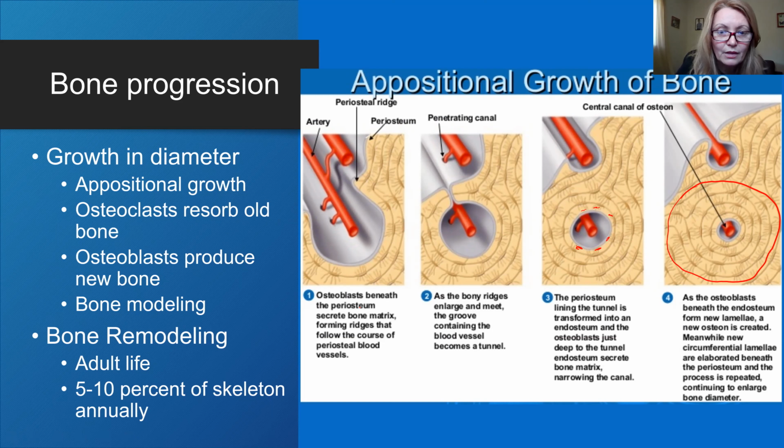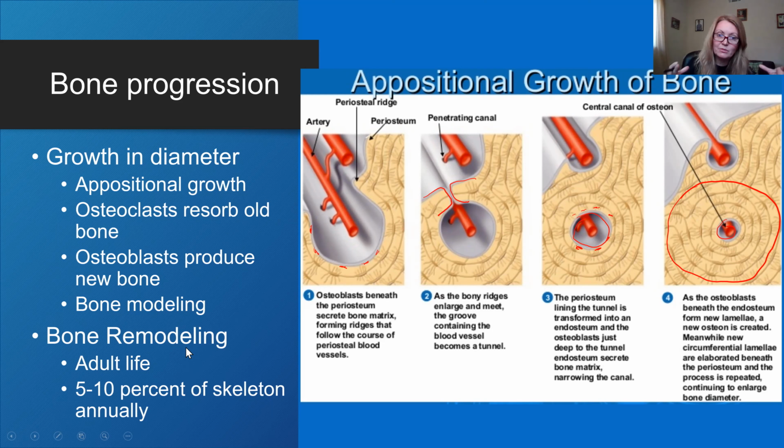So again, osteoblasts just beneath the periosteum secrete the matrix, and matrix forms these ridges, and we have so much matrix that those ridges meet and enclose this central canal, and then the central canal becomes narrow, and we have a new osteon formed. So you form new osteons, and the bone gets wider. This appositional growth is mostly for bone remodeling.